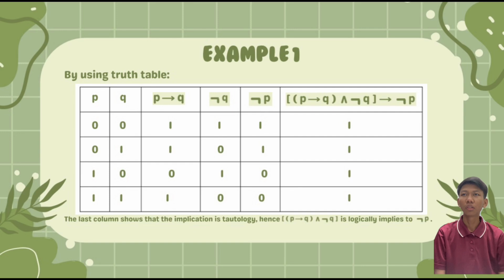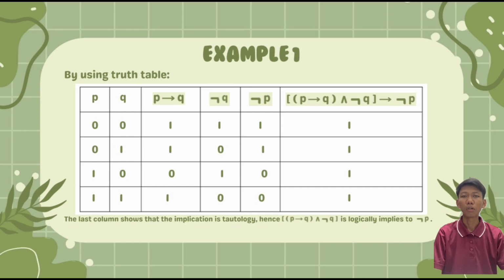Okay, so by using truth table, we insert the values of P and Q: P is 0, 0, 1, 1, and Q is 0, 1, 0, 1. When P then Q, when P is true and Q is false, then it will get false. So in this table we get 1, 1, 0, 1, and then not Q is the inverse of Q. If Q is 0 then not Q is 1, so 1, 0, 1, 0.